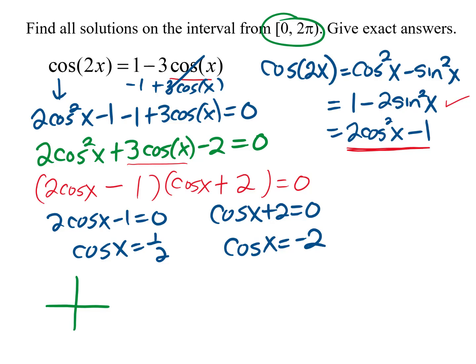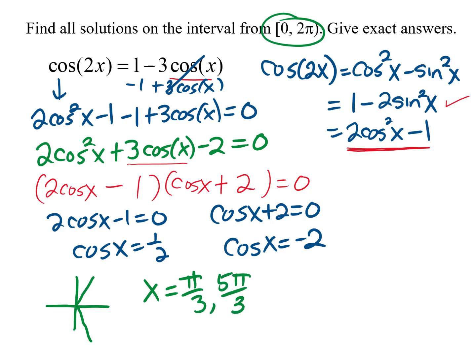Cosine's the x value, so right here the x is positive, and that's littler x, bigger y, so that's the 1/2 for the x.